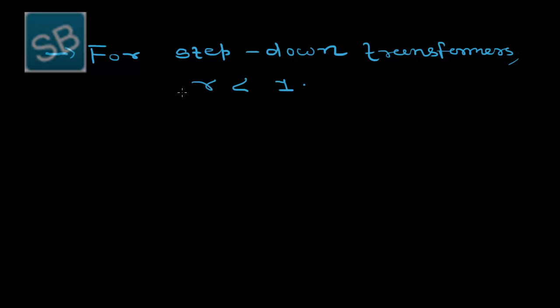Now, suppose the current flowing in the primary is IP and the current flowing in the secondary coil is IS.